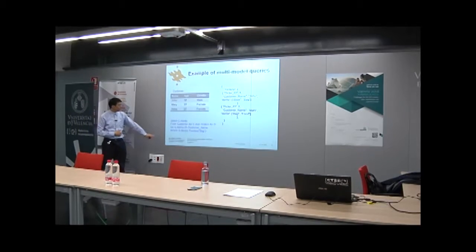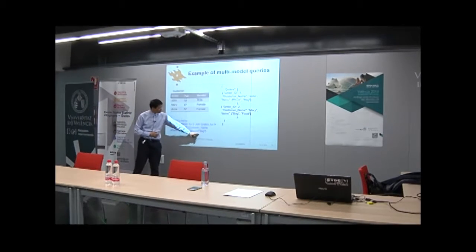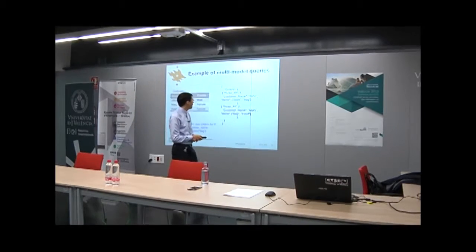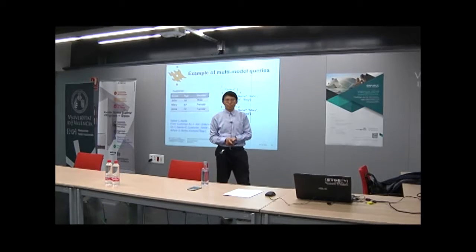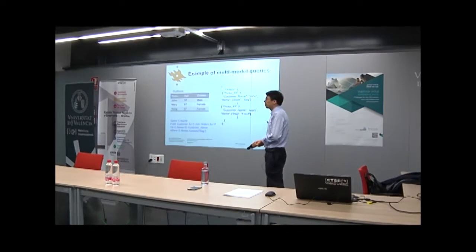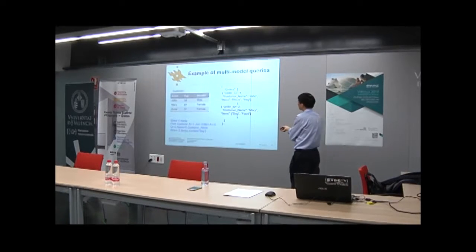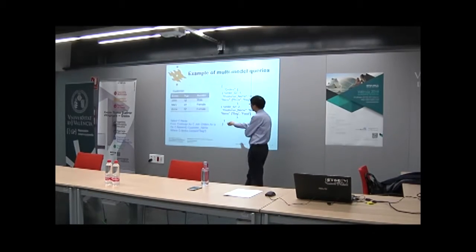We want to find the customers who have orders containing a bag, meaning we want to find the names of all customers who already bought a bag. This is a very simple query, but it has to do a cross-model join between the table and the JSON file. This kind of query is called a multimodal query.